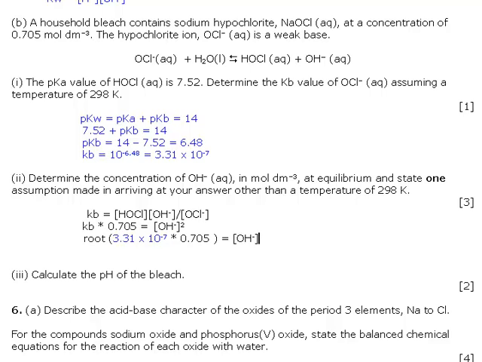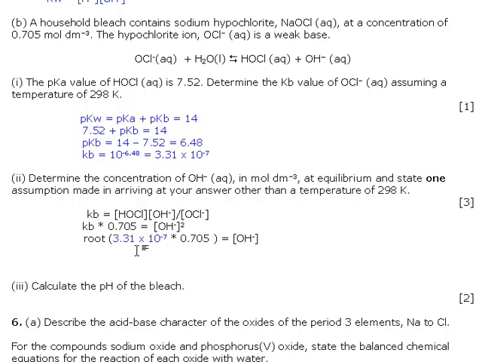So now we need our calculator. 3.31 exponential minus 7 multiplied by 0.0705. That comes to 2.33 times 10 to the minus 8.